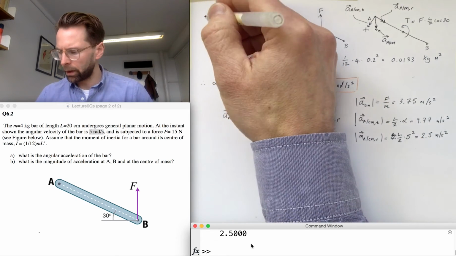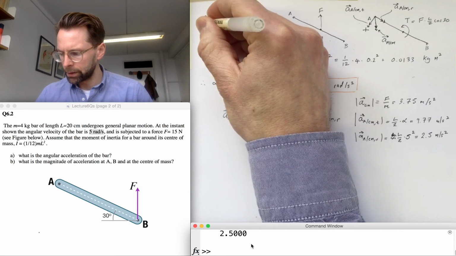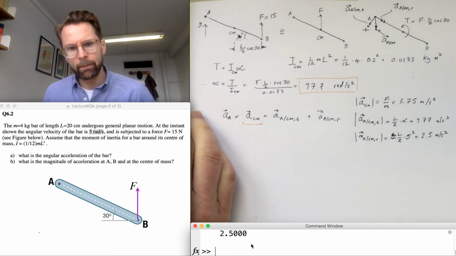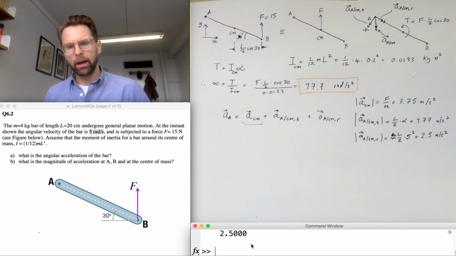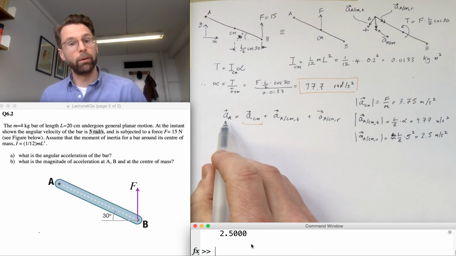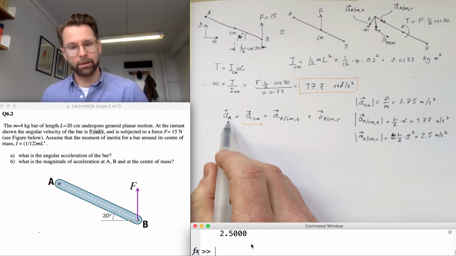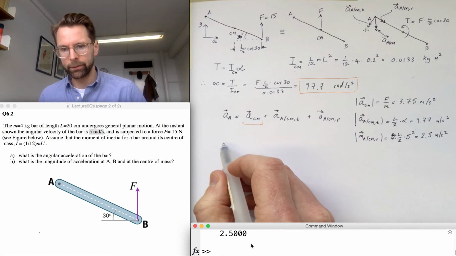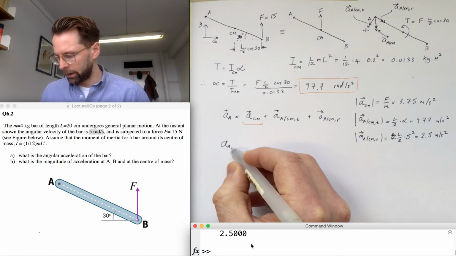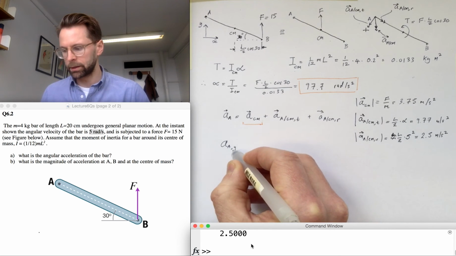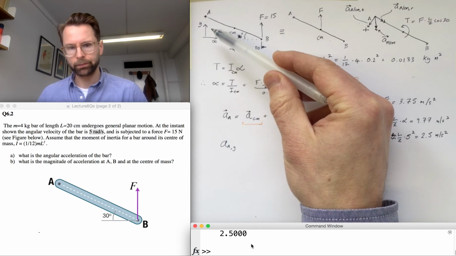So let's say this direction is y, and this direction is x. I'm going to work out the two components of the acceleration of A, and then combine them to get the magnitude. So the acceleration of A in the y direction, let's go vertically first of all.